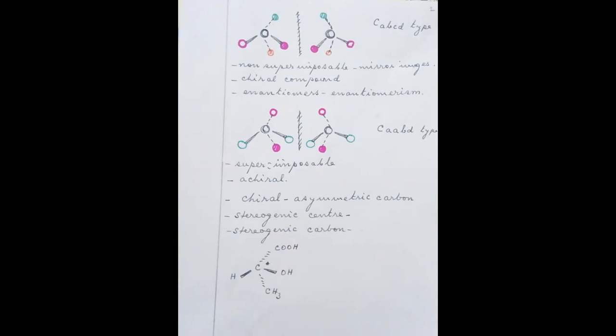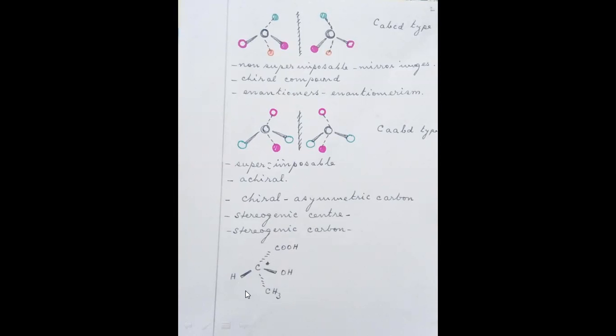Now these two compounds, suppose, let me say this is lactic acid. Lactic acid is the simplest optical isomer which can be studied easily. So this is lactic acid means, let me say this green is a COOH and this pink is OH and this pink ring is hydrogen and this red is methyl group.